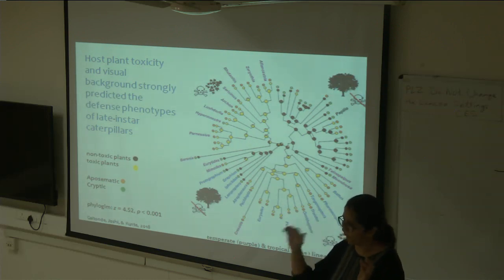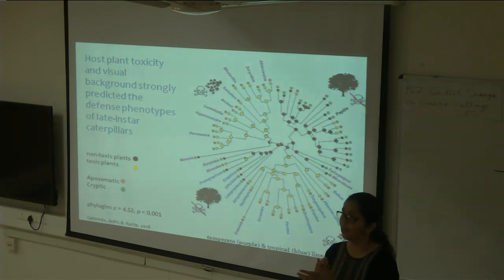Adults can fly, caterpillars can walk and move, pupae are stationary. So each life history stage has its own constraint. They are mobile or immobile, size matters, and where they are located also matters. So the visual background, where they are sitting and feeding, also matters. And then all of them are dictating what defense strategy that particular species is showing.